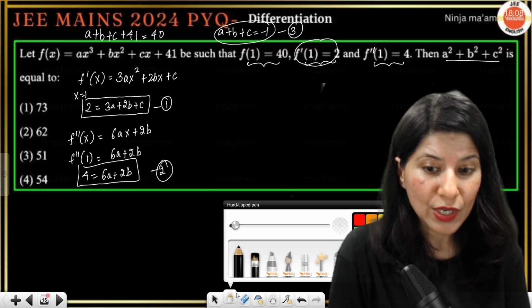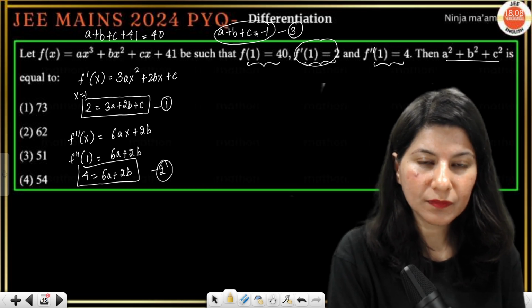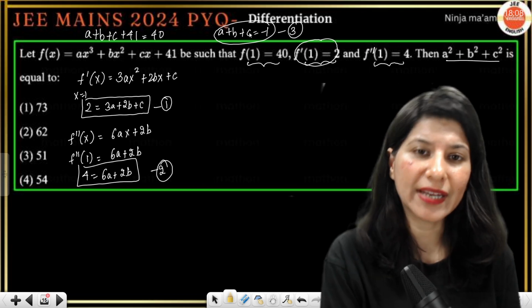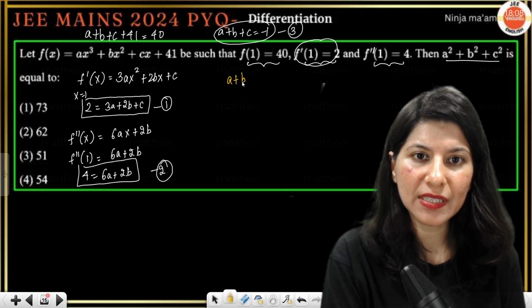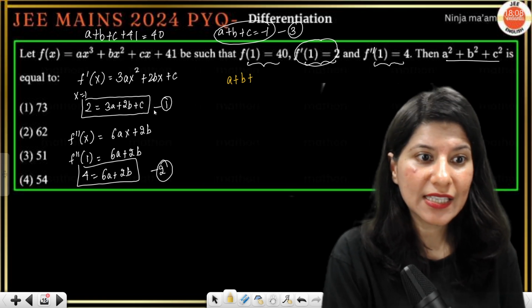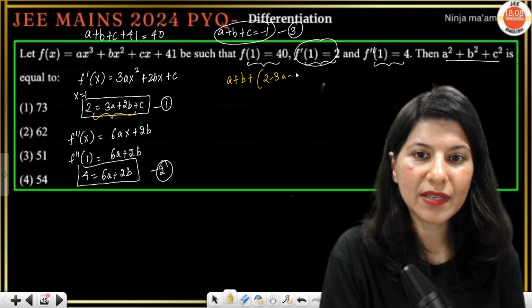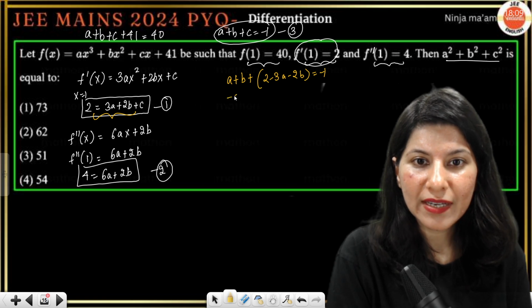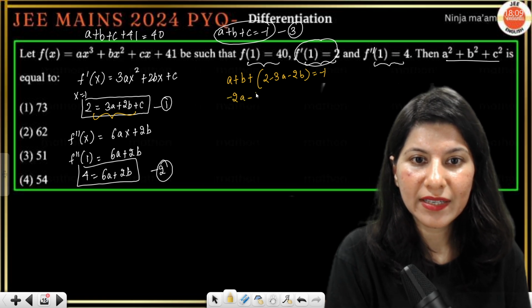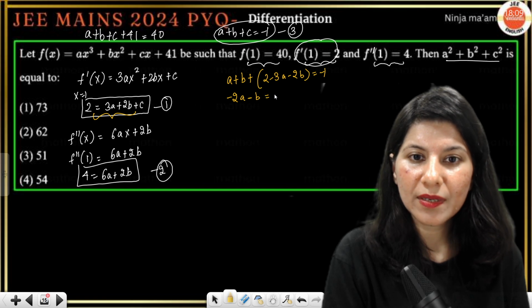Now you have to solve these equations. So a plus b plus c, c can be calculated from the first equation. So c will be 2 minus 3a minus 2b. That is going to become -1, right? So minus 2a and minus b, this is going to become -3.